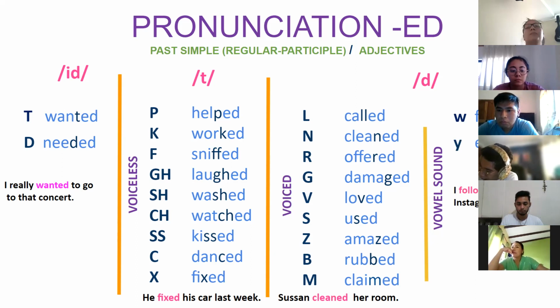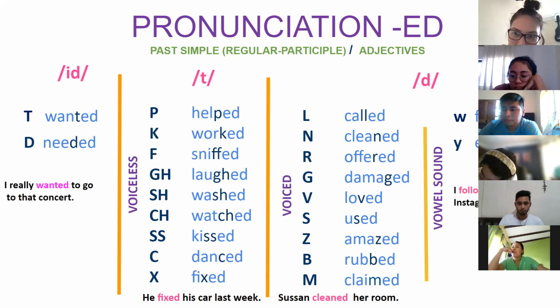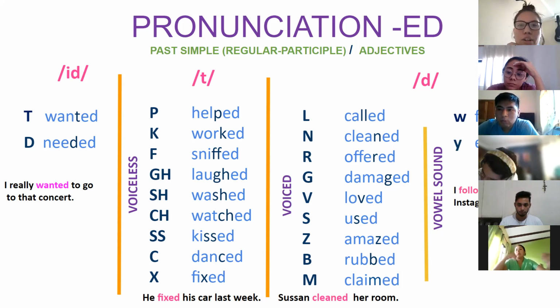Como si fuese una vocal. Entonces, por esa razón, cuando le añadimos ed, termina como D. Followed. ¿Ok? Lo mismo con enjoy. Enjoy termina en E, right? Por esa razón, cuando le añadimos ed, se pronuncia enjoyed, como una D al final.